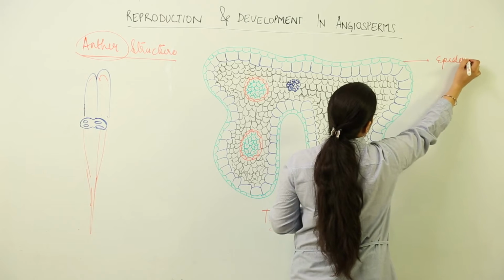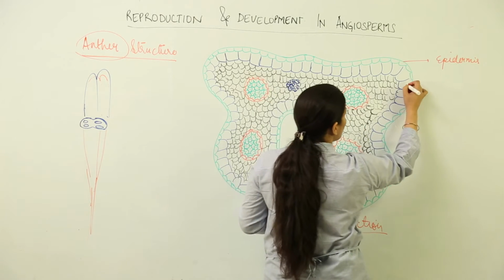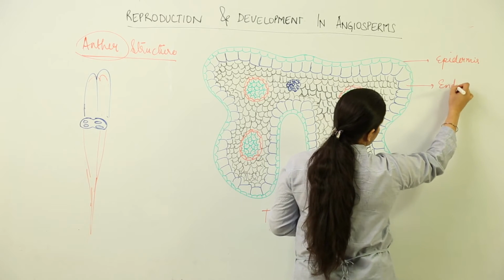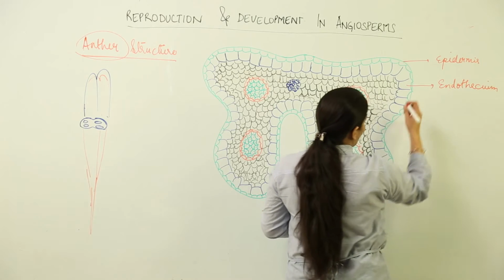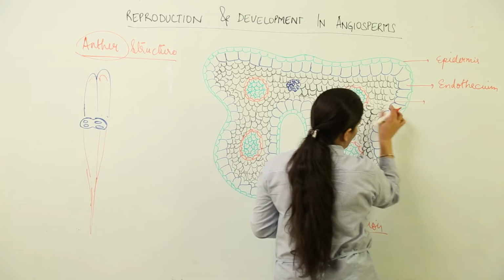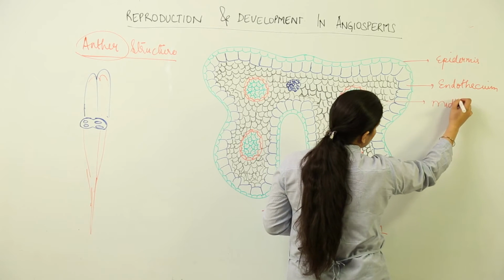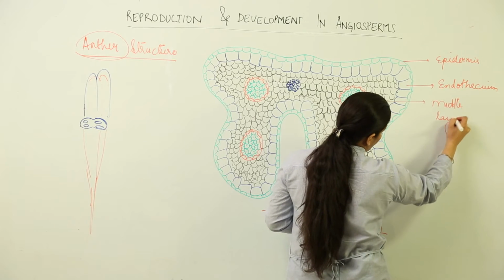The one represented by color green is epidermis, followed by large sized cells. The layer of these cells is known as endothelium. Endothelium is followed by a few layers of cells which are known as middle layers. These are the terms to be remembered.